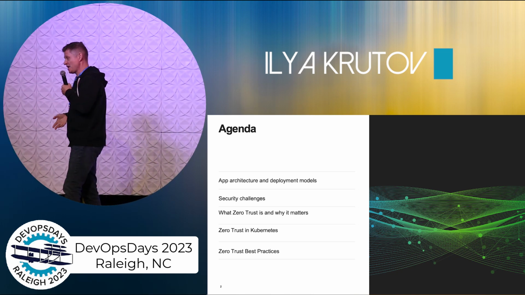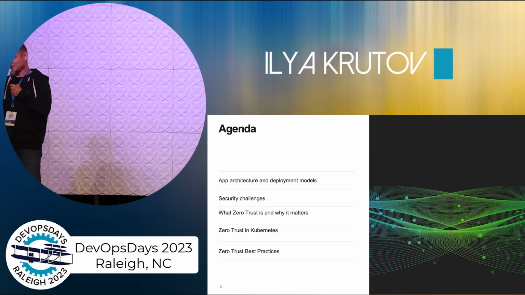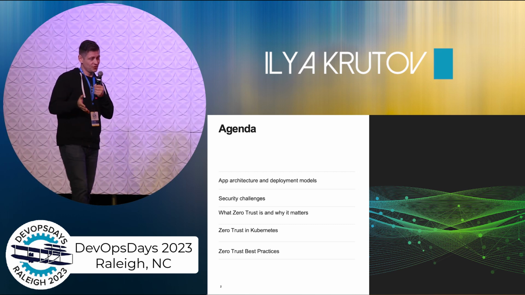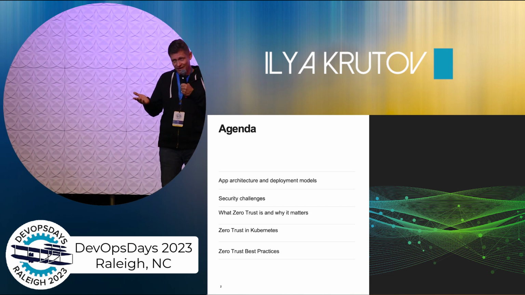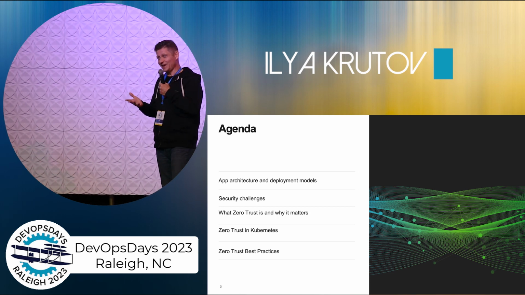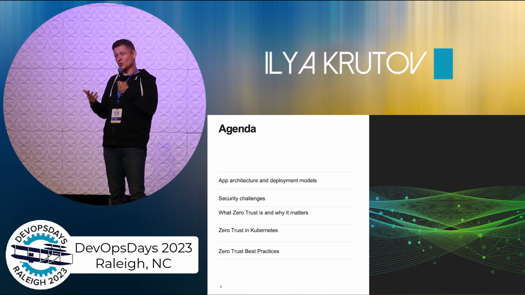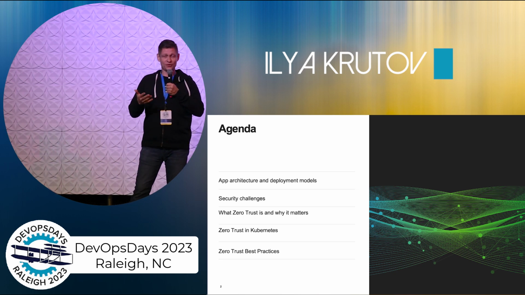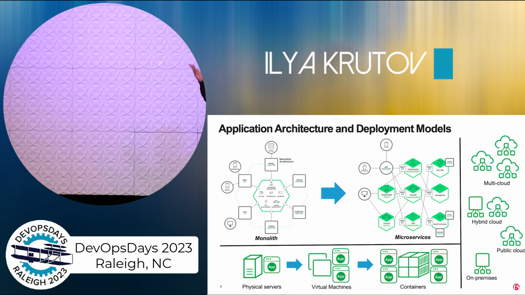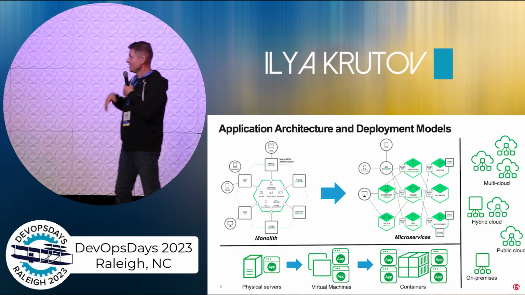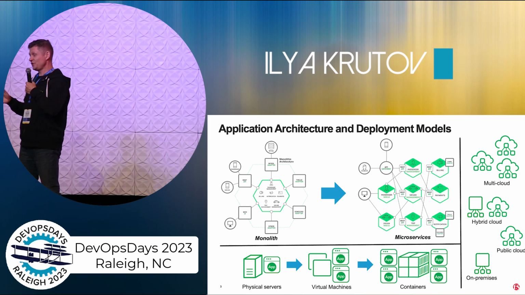And finally, how zero trust applies to Kubernetes and some best practices for how to implement zero trust, what to think about, what to pay attention to. And finally, some extra links for you to learn more about Kubernetes and zero trust in Kubernetes specifically.